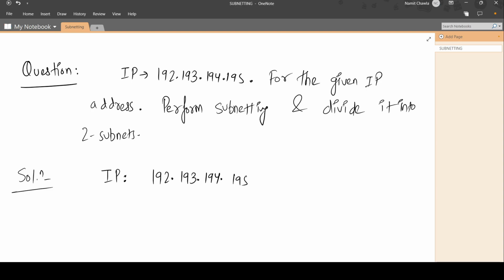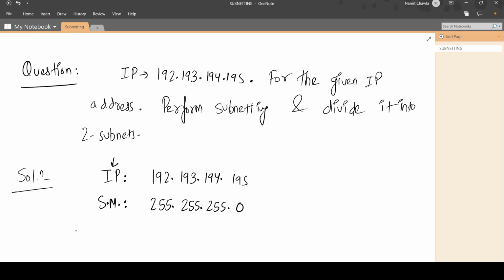So you are not going to divide this IP itself, you are going to divide the network into subnets. In order to divide the network into subnets, you are supposed to find the subnet mask for this IP. Now this IP is class C, so as simple as that, you write it like this: 255.255.255.0. This is my subnet mask.